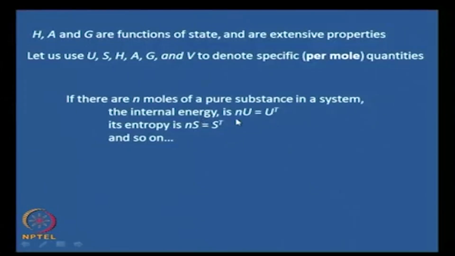Then, since we know that the internal energy is an extensive property, the total internal energy would be n times U, the number of moles times the internal energy per mole, which can also be represented as U superscript t, which is what we are going to use in this course. The entropy would be n times S, which can be represented as S superscript t, and so on and so forth.